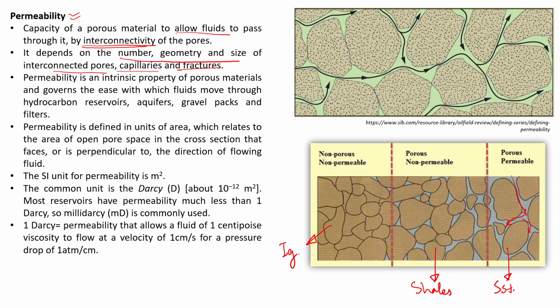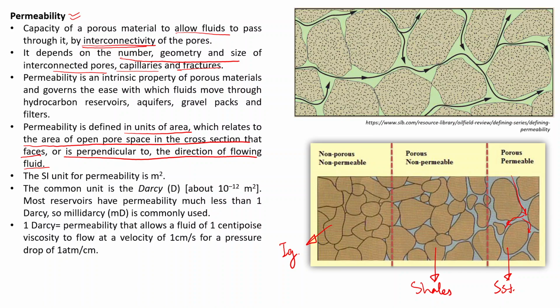It is defined in units of area, which relates to the area of open pore space in cross section that faces or is perpendicular to the direction of the flowing fluid. If you get a bit confused about this definition, simply remember that this is the interconnectivity of the pores and it is measured in units of area.